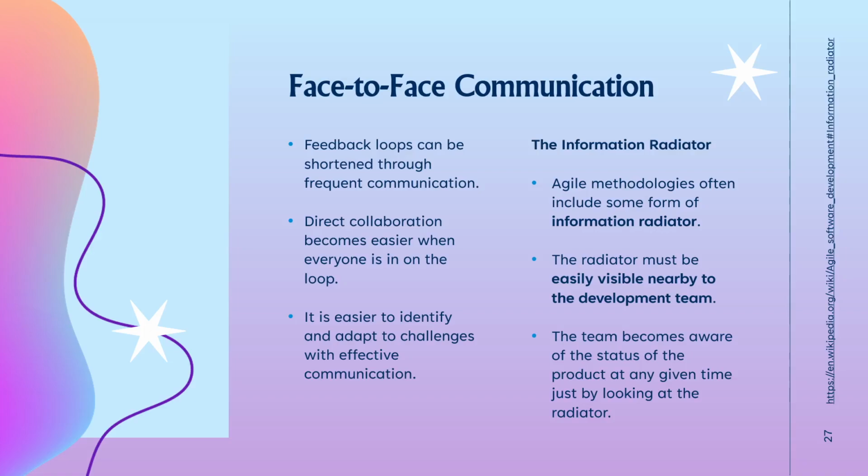And part of this face-to-face communication is the information radiator, as Wikipedia calls it. I don't actually know what it's called in the Agile methodology. I was actually not able to find it personally, but I also didn't look very deep, and I'm sure it's out there. The information radiator is like a screen or a whiteboard or even just a bunch of sticky notes on a wall that the developers can walk by and just see where we are with progress.